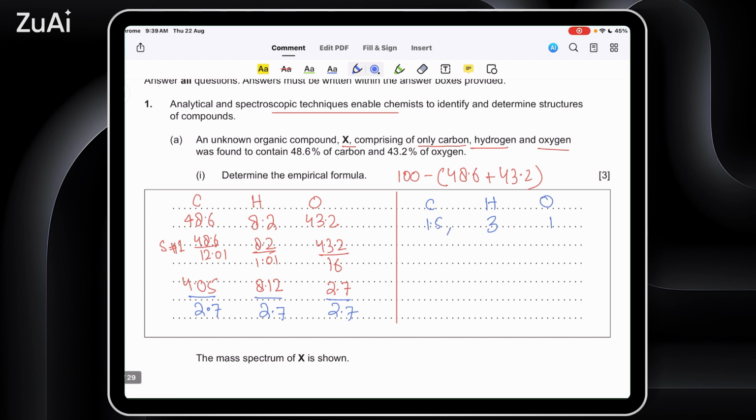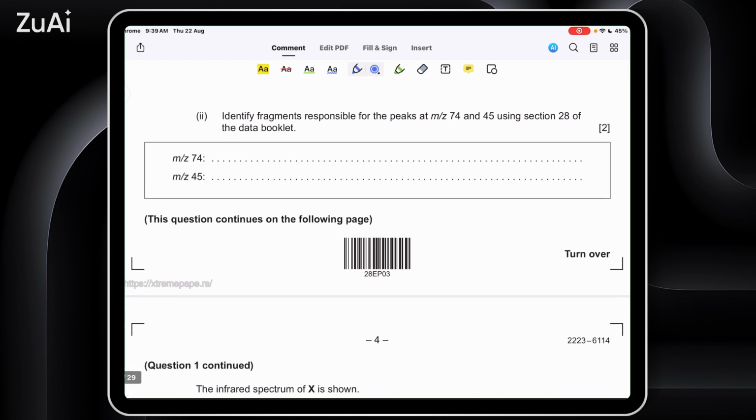So now we have to multiply with a suitable number. So we have to multiply with 2 because 1.5 is not a whole number. So we'll get the ratio 3 to 6 to 2. So the empirical formula will be C3H6O2. So that's a 3-mark question. You will get 3 out of 3.